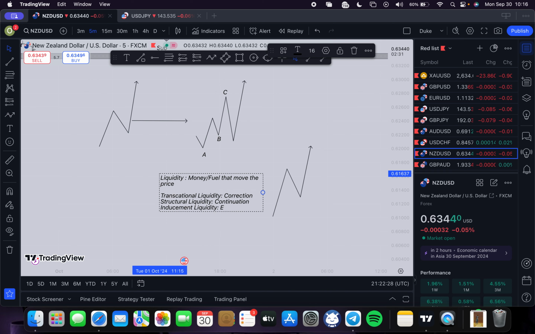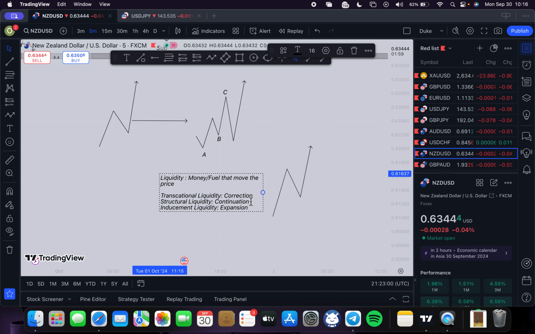You don't need to see the criteria involved in structural liquidity for inducement to happen. You get. So let's just call inducement our expansion. To be very honest, I trade inducement more often than structural liquidity, because these days structural liquidity doesn't really work that much.